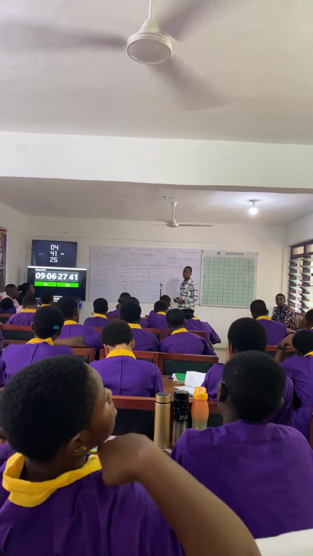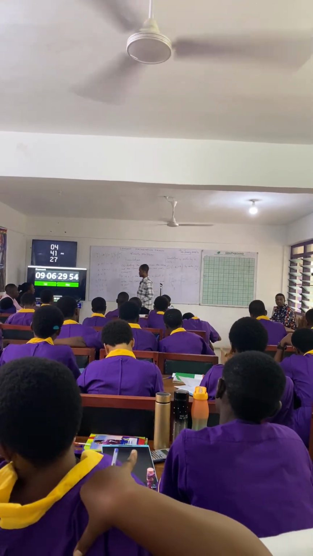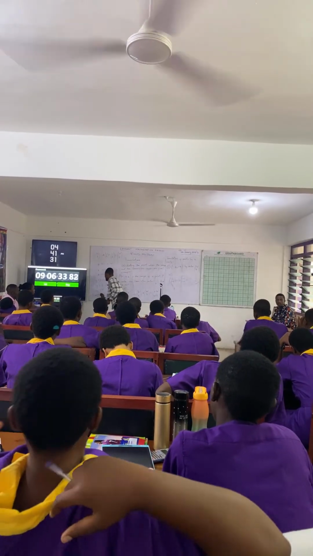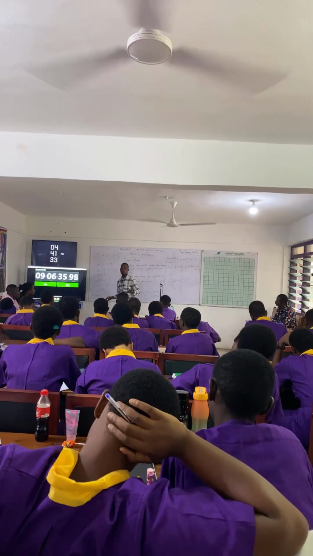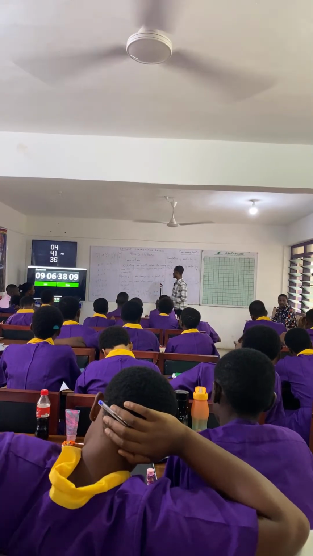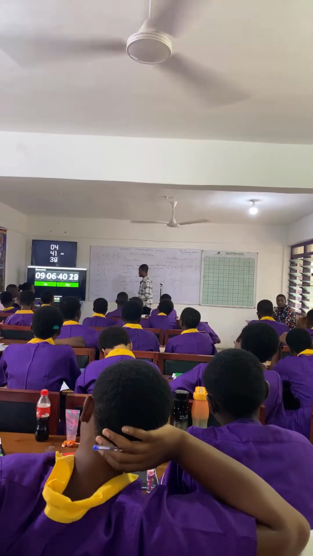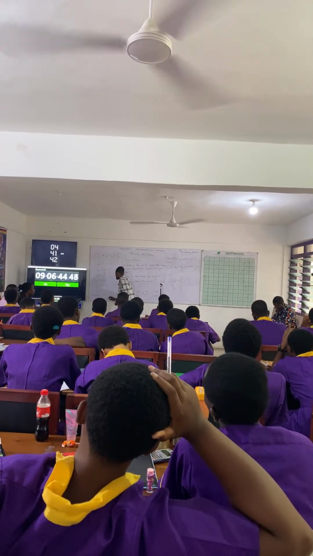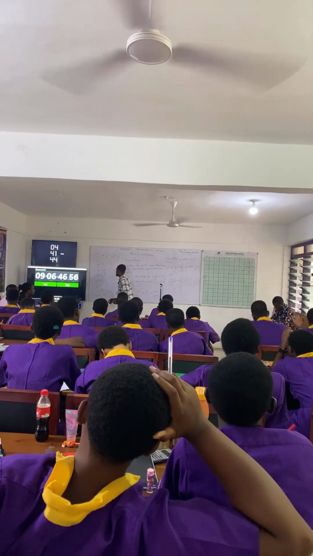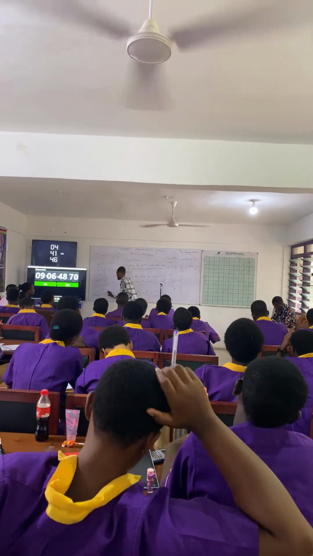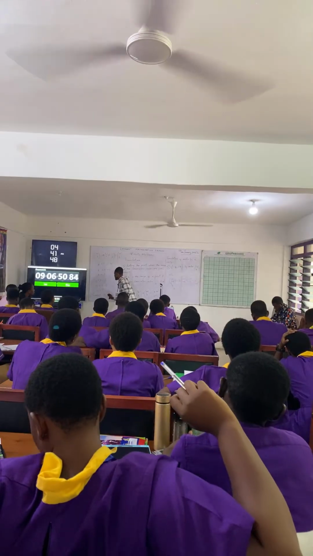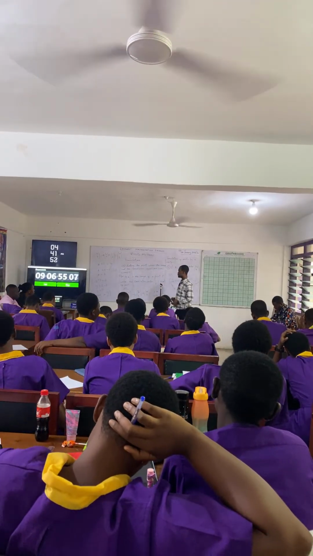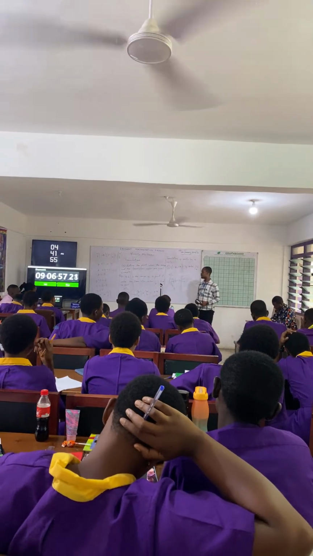Now let's conclude this. So the point, what's the name of the point? P. So therefore our point P has x coordinate 3 and y coordinate 4. So our point is (3, 4).